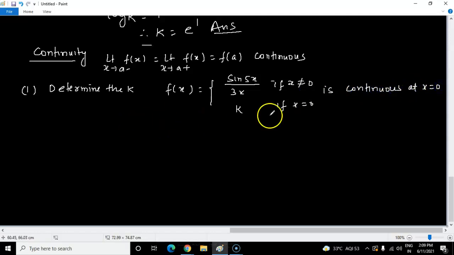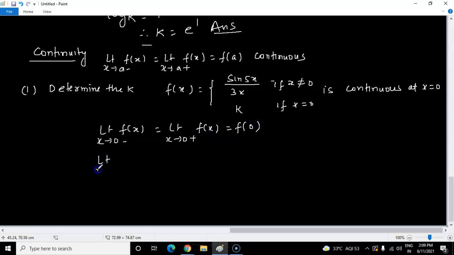Okay, so since this function is continuous at x is equal to 0, we can write limit of x tends to 0 minus f of x, and limit of x tends to 0 plus f of x, and f of 0. All three will be the same only, right?